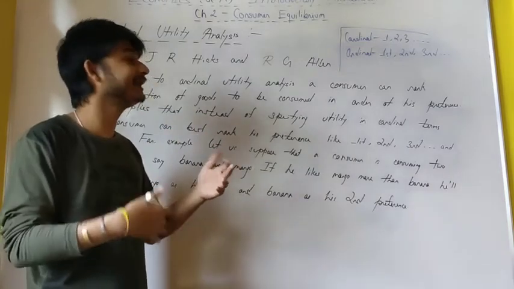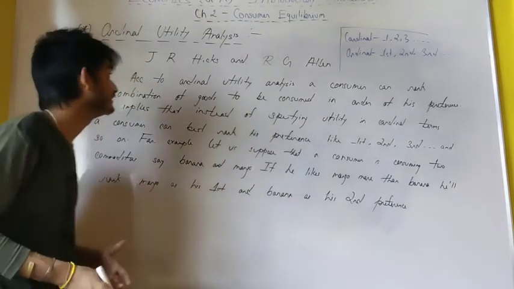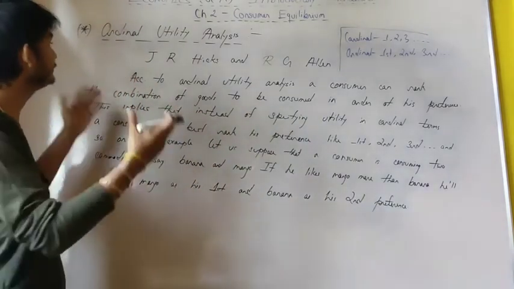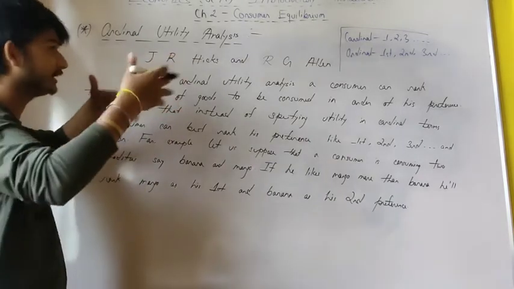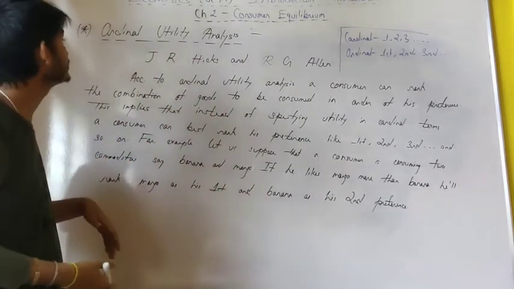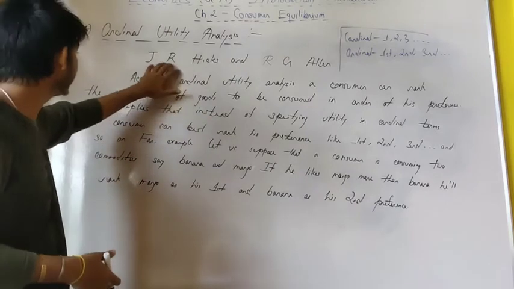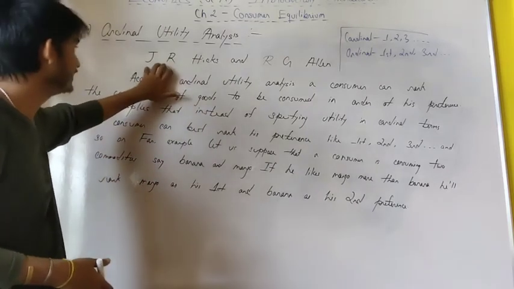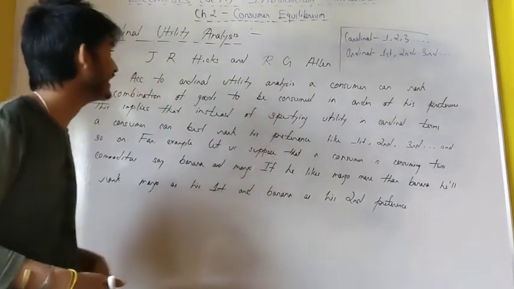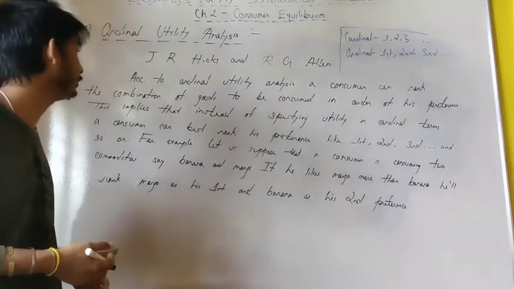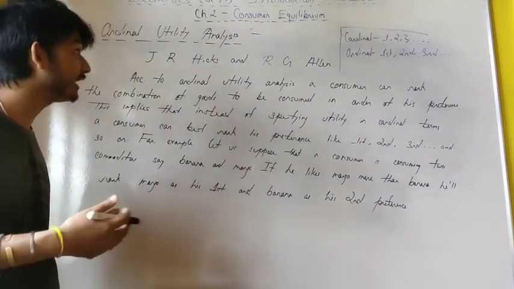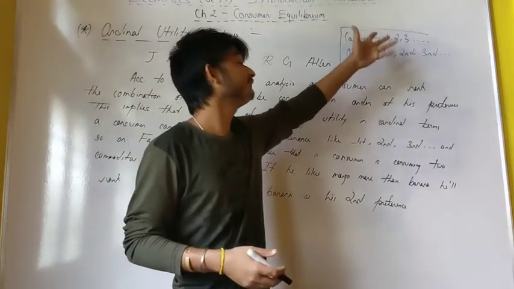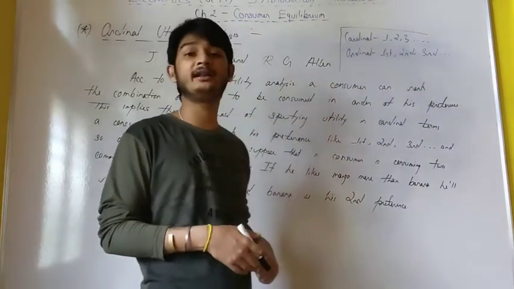So basically, we try to rank our preference, and this idea was first introduced in textual language by J.R. Hicks and R.G. Allen. They first observed this phenomenon that we do not specify our utility in terms of cardinal concepts.